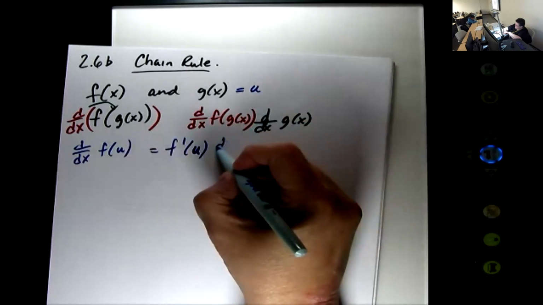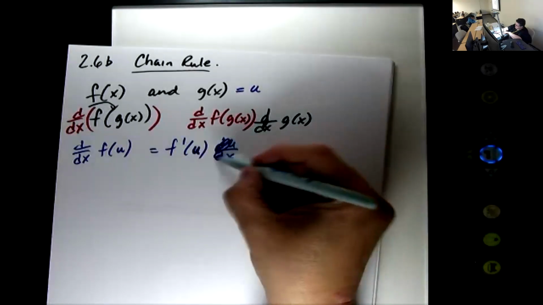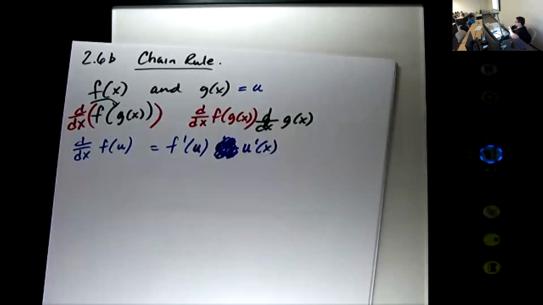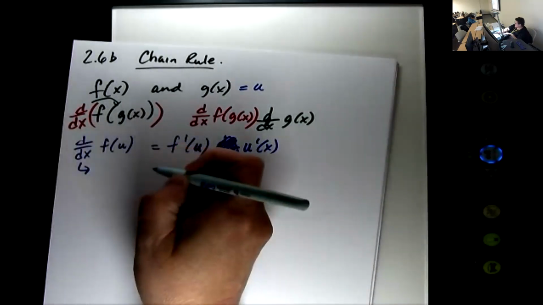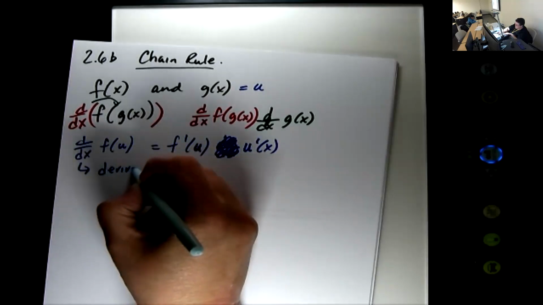Then we've got to do du dx, or u prime. We have to have something at the end with respect to the variable we're starting with. As a reminder, the letter on the bottom tells us the variable we're taking the derivative with respect to, x.